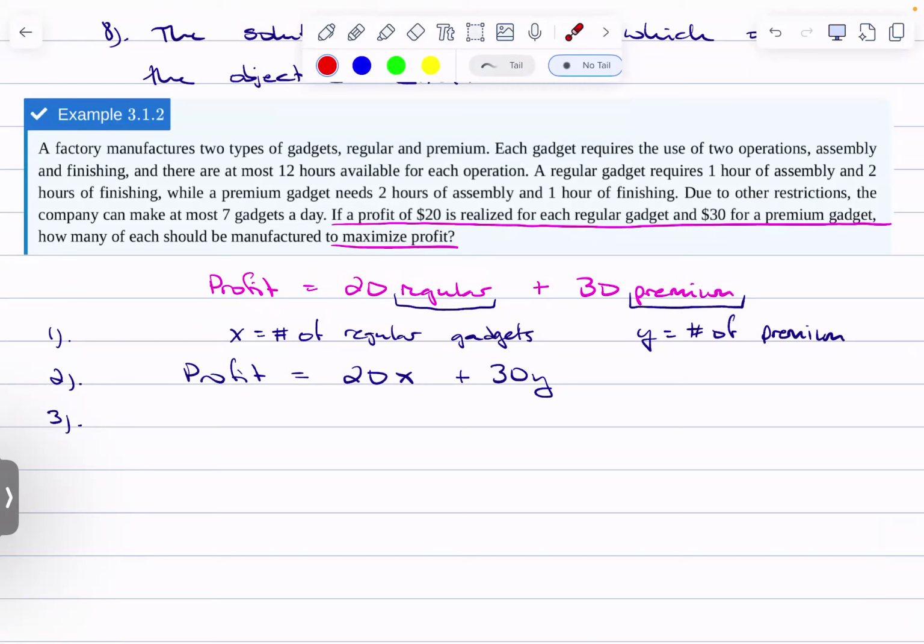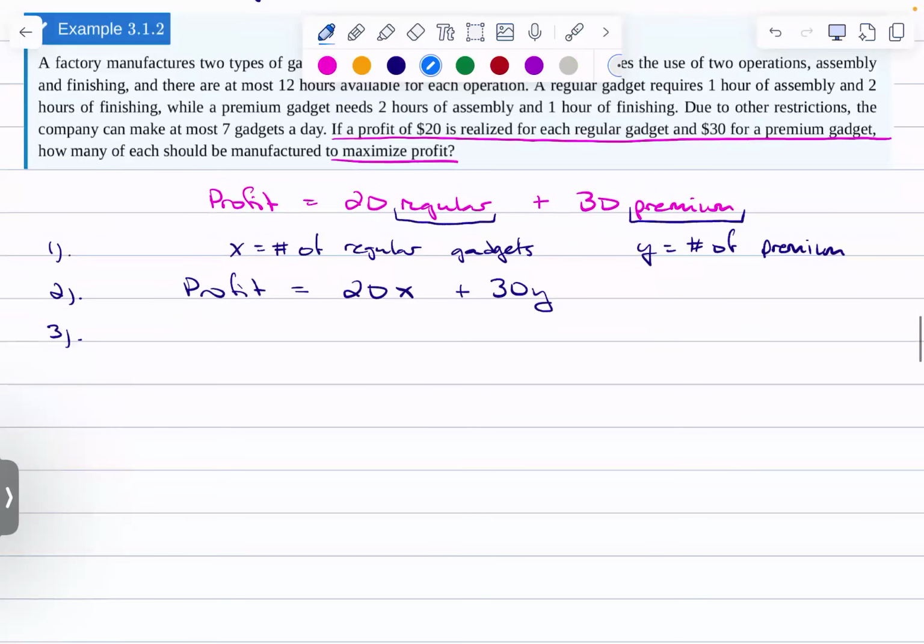We have 12 hours at most for assembly and finishing. A regular gadget, so the number of regular gadgets is X, requires 1 hour of assembly. And if I just focus on the assembly, for the premium gadget, I need 2 hours of assembly.